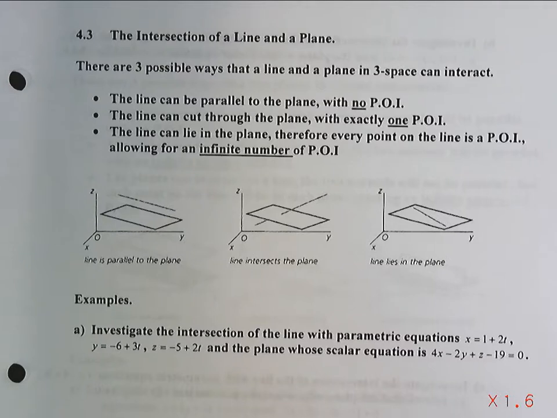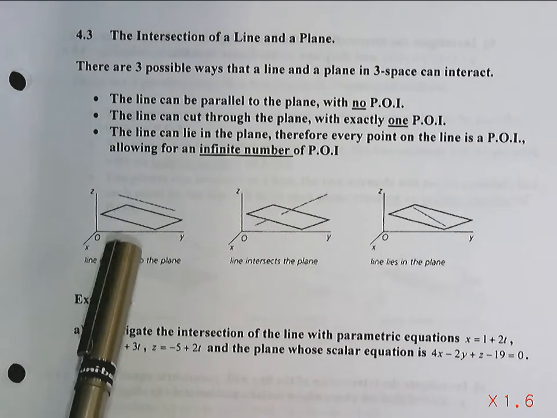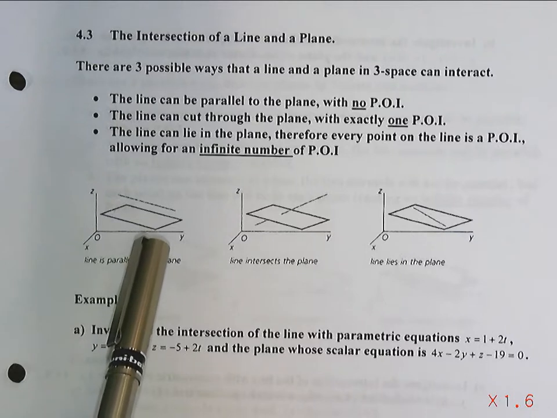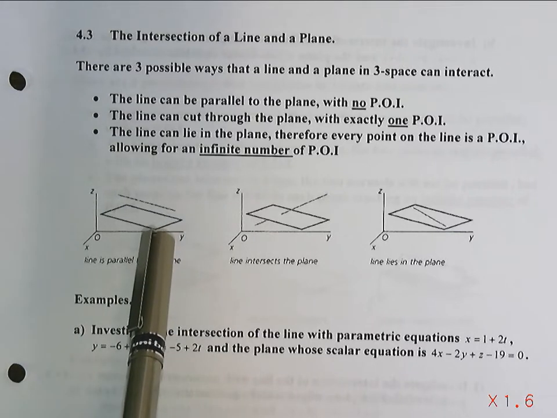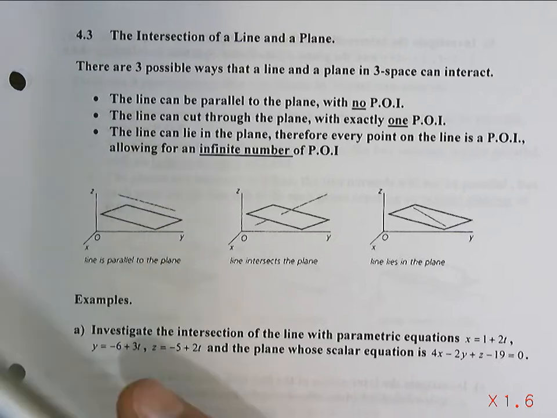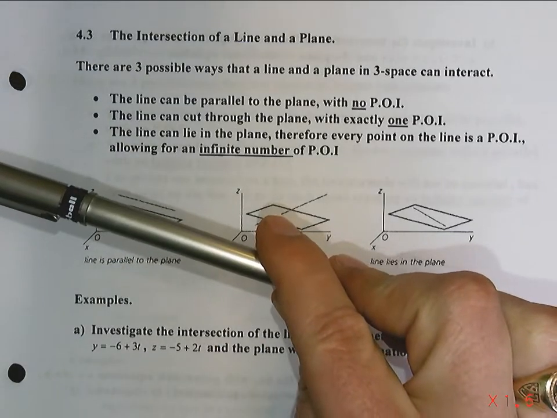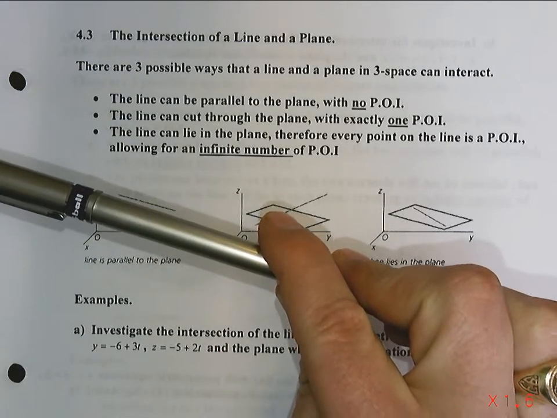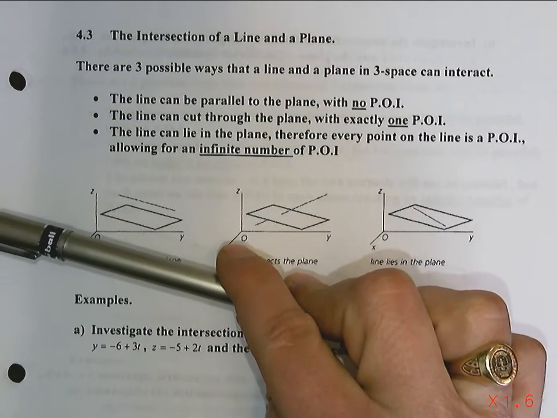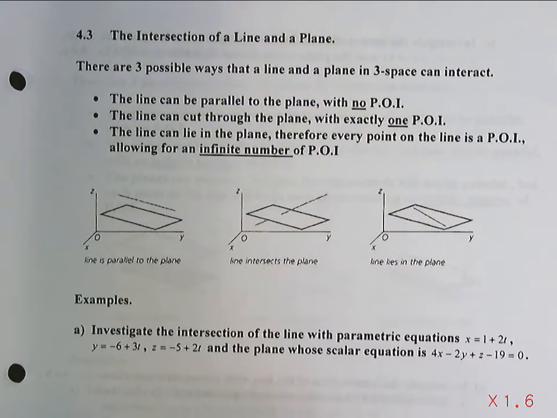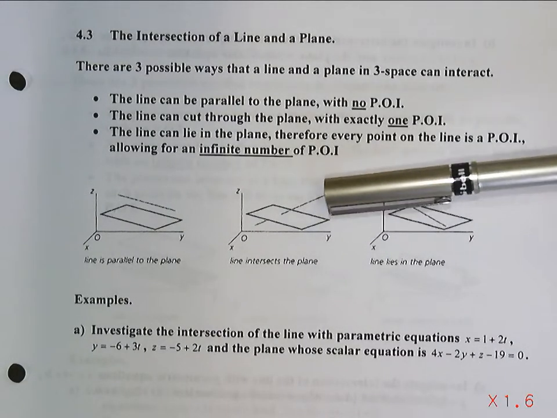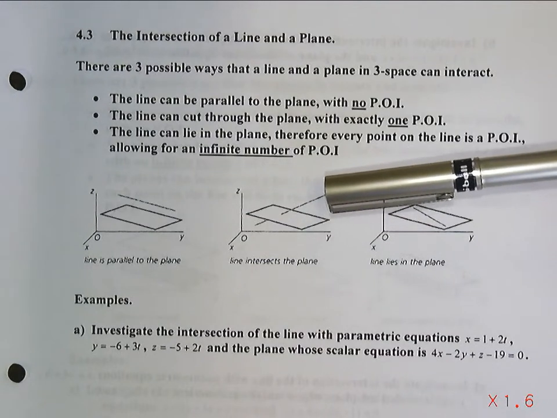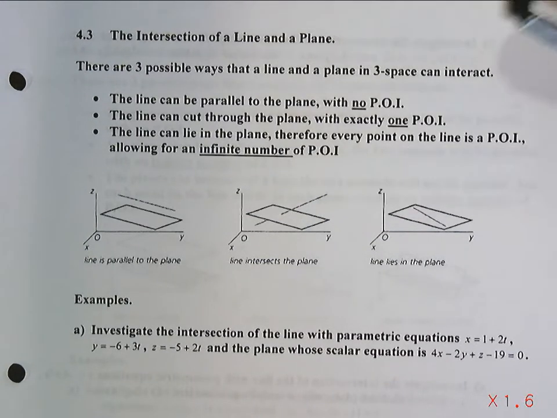Now, there are three main ways. The line and the plane may be parallel and distinct, meaning that the line is not in the plane, but the direction vector of that line is parallel to the slant of the plane. Or a plane and a line could intersect at exactly one point.